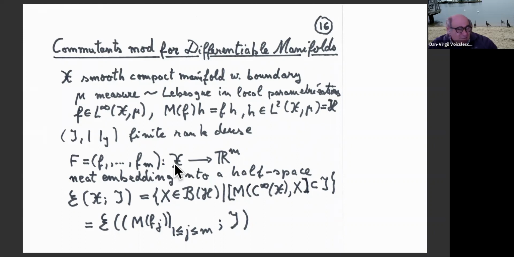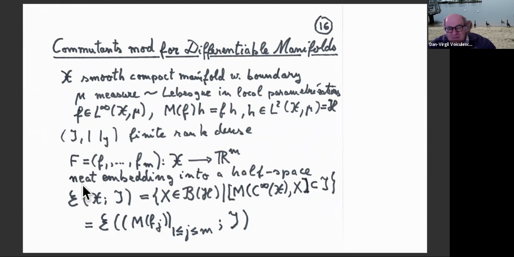And if I have now a normed ideal I, and I'm going to put this technical assumption that the finite rank operators are dense, then I can associate an algebra, a commutant, in the following way. I'm taking an embedding of X into R^m.